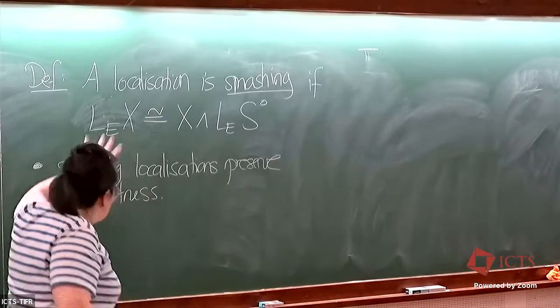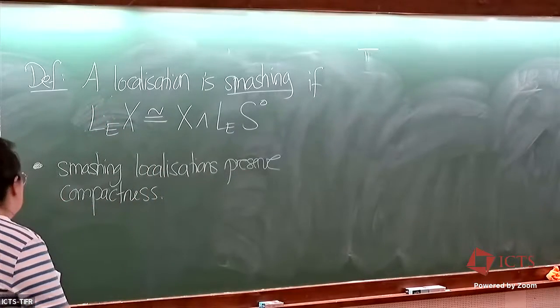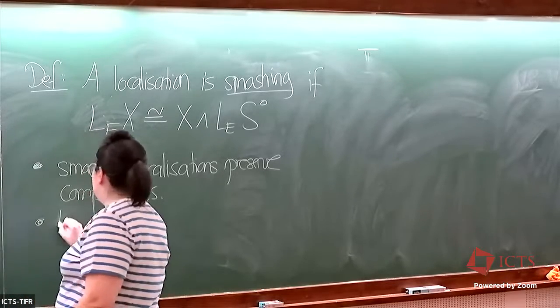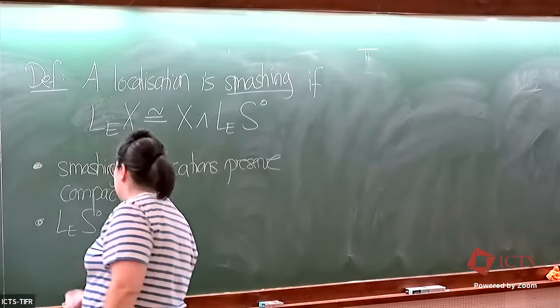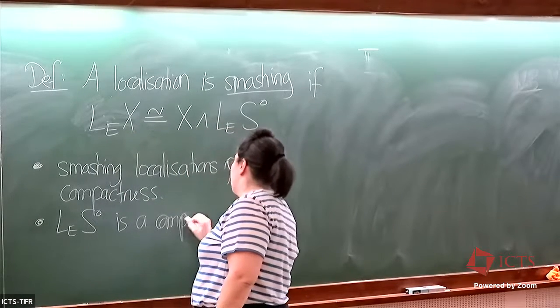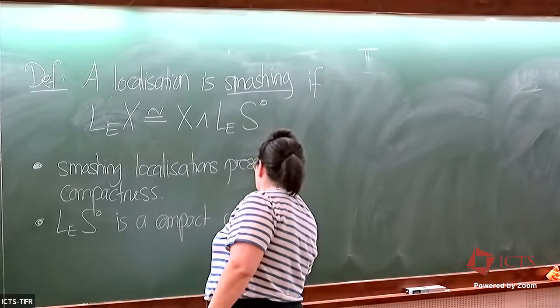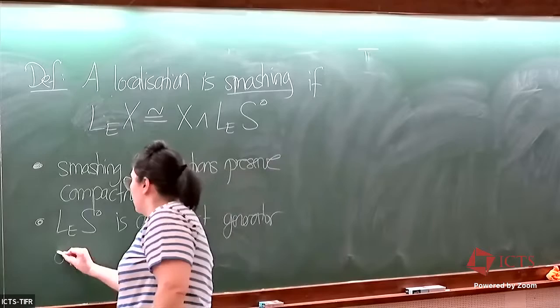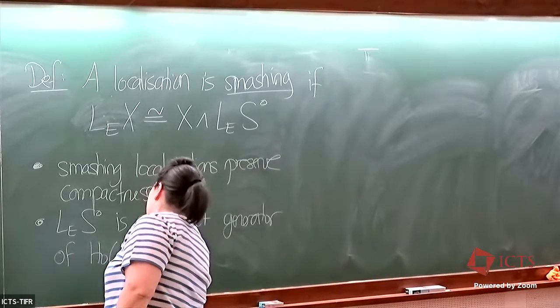And for that, you need this. And so, what I just said, in this case, the sphere is a compact generator of the E-local stable homotopy category.